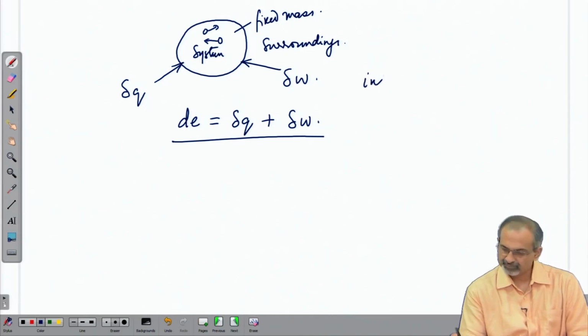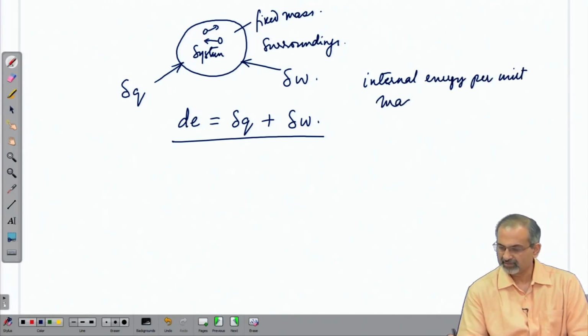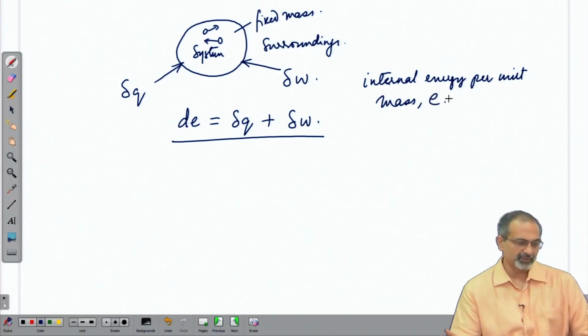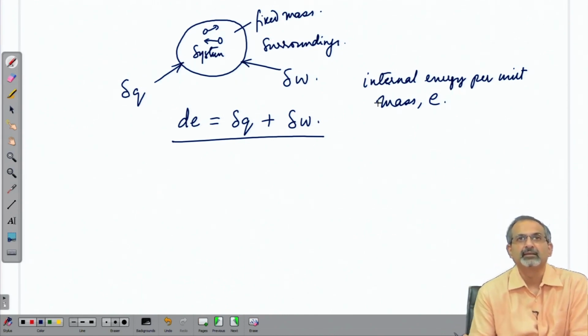So, we already said that internal energy per unit mass is given by small e. That is by virtue of the continuous motion of the atoms and molecules which comprise the gas.